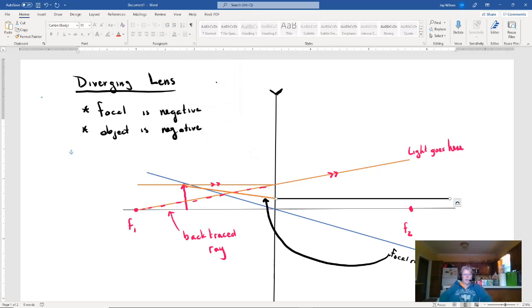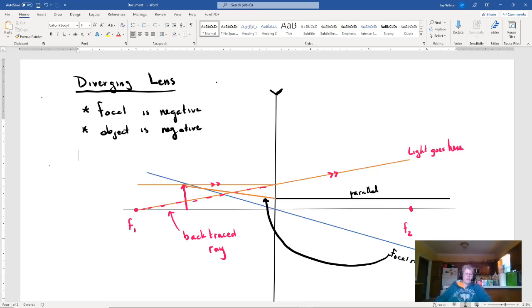Have weight. And there you go. So this is our focal ray turns into parallel. Focal ray turns into parallel, just like parallel turns into focal. Okay?